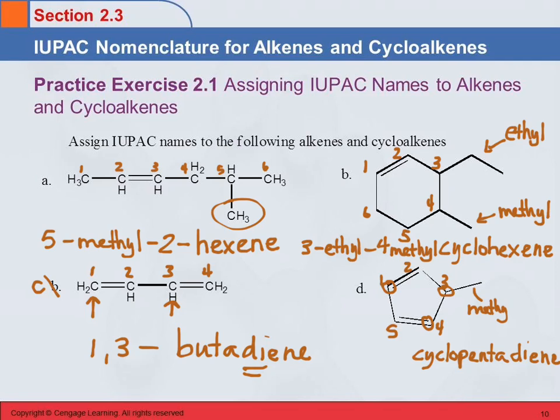That's a substituent. So that's 1 and 4. So let's see what would happen if we do it a different way. Let's try starting here. 1, 2, 3, 4, 5. Well, that gets us 2, 4, and 5. That's worse, right? So I'm going to get rid of those because that wasn't right.